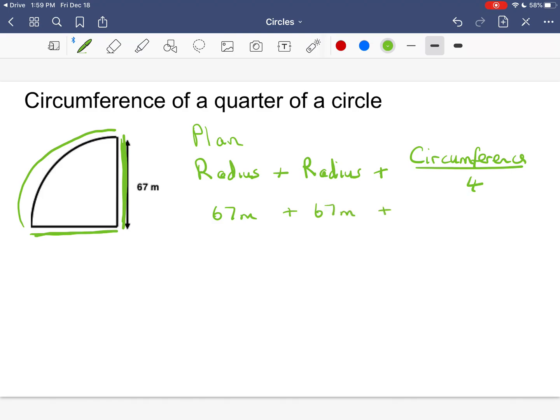And the circumference is going to be pi times d divided by 4. And that is, I'm going to use 3.14 times, now the diameter is going to be 67 times 2. The radius is 67, so the diameter is 67 times 2, which is 134.